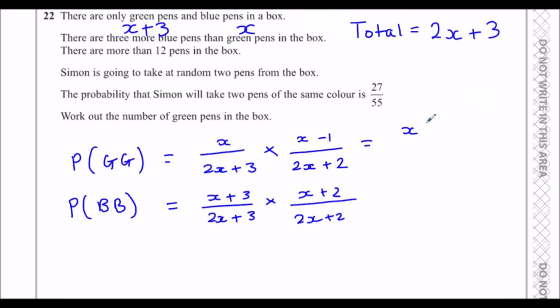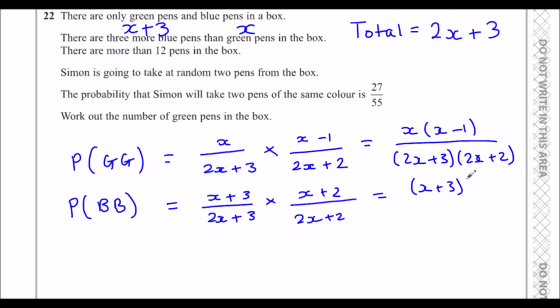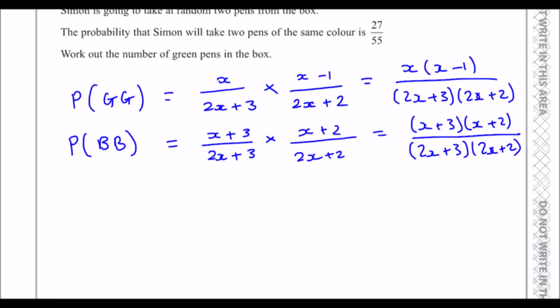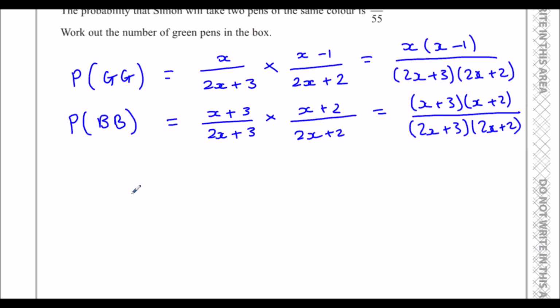So I can simplify these. Just write it as one line. So x plus 3 times x plus 2. When multiplying fractions, just multiply the top and the bottom. Okay, so there's the probability of green, green, and blue, blue. So the probability of green, green, or blue, blue is 27 over 55. So that's these two added together.